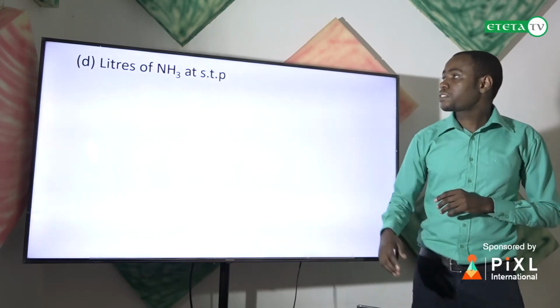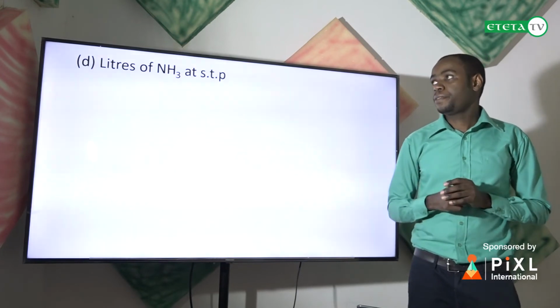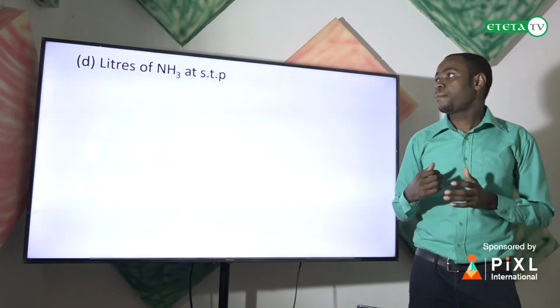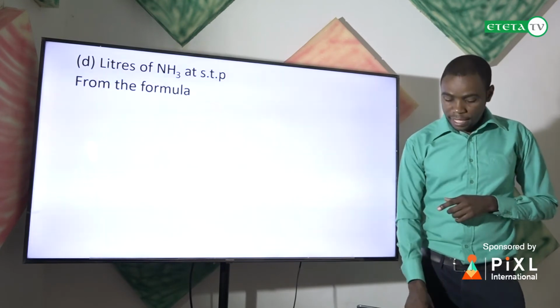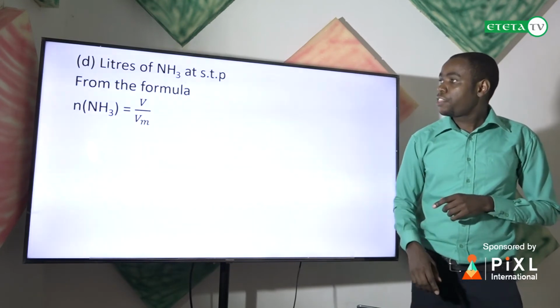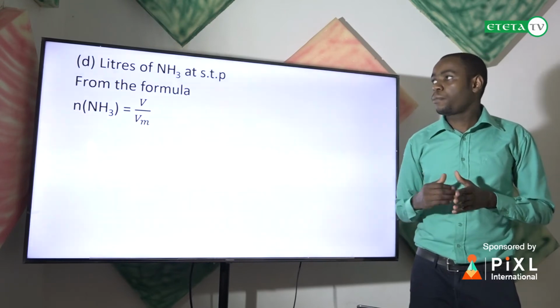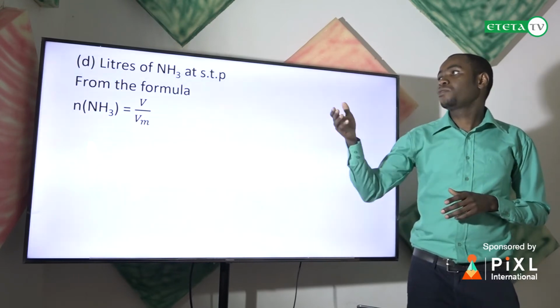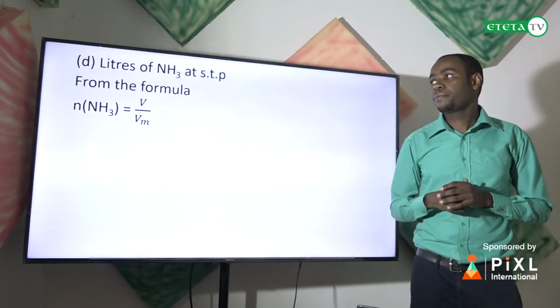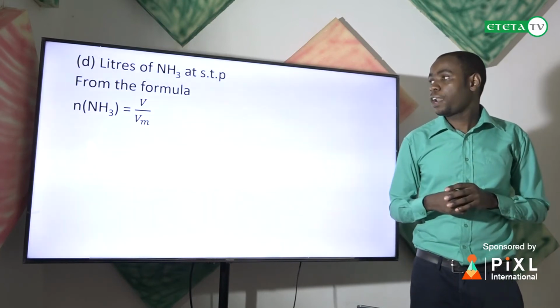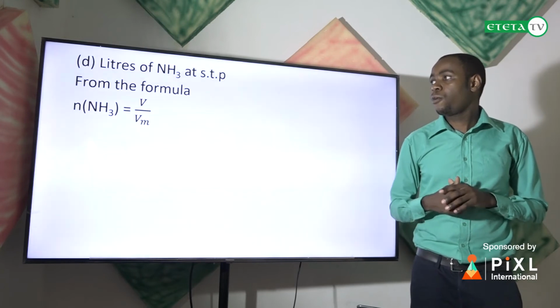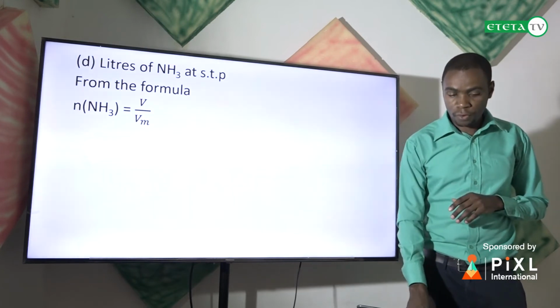Now, liters of ammonia at STP. Number D, liters of ammonia at STP. From the formula, the number of moles is equal to volume over molar volume. Liters means you have been asked to calculate the volume of ammonia. So the number of moles of ammonia is equal to volume over molar volume. Now we make volume the subject.